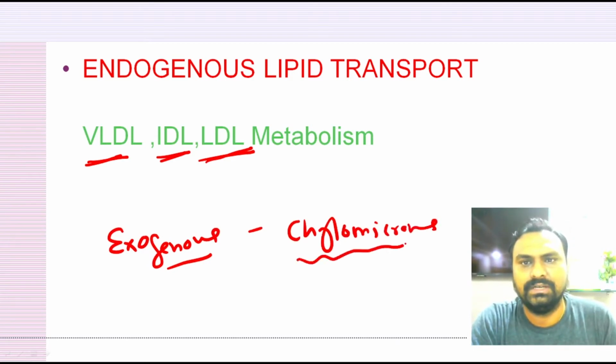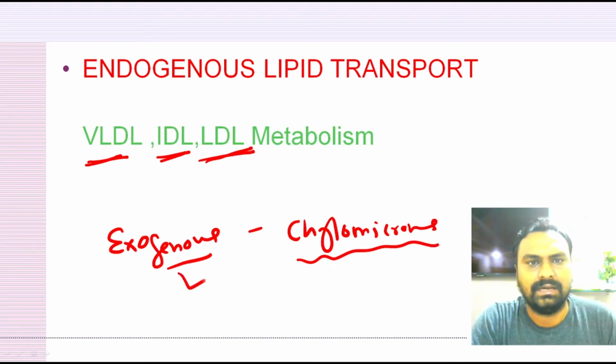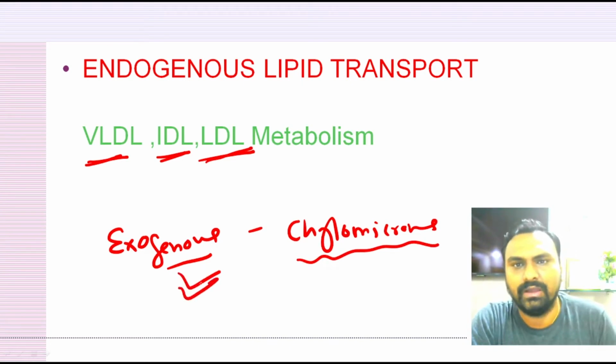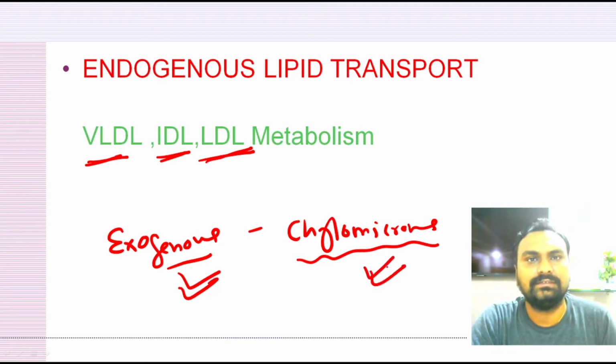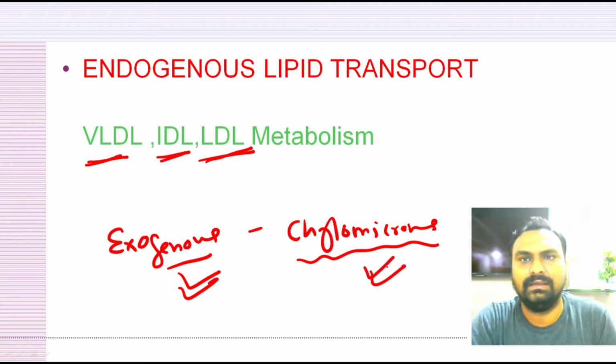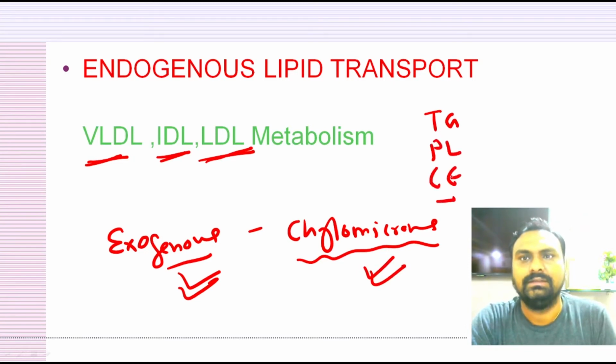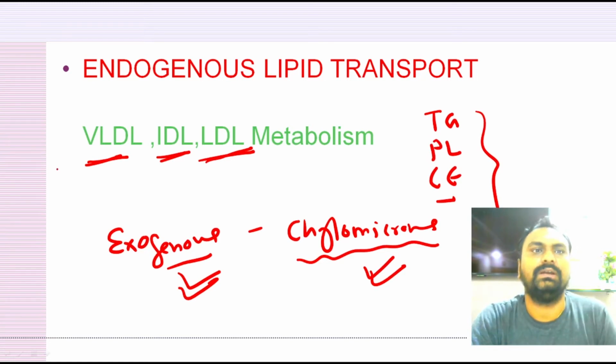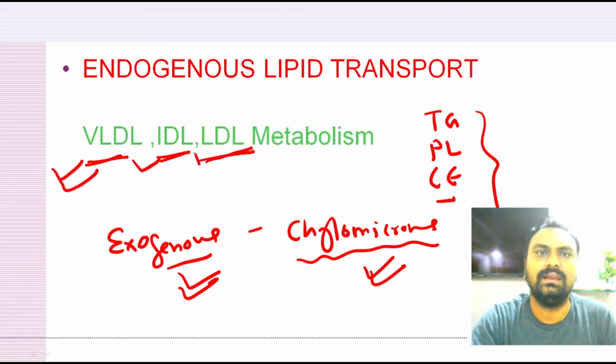So dietary lipids are transported from the intestine to the peripheral tissue via the chylomicrons, while endogenously synthesized lipids like triglycerides, phospholipid and cholesterol ester, produced in the liver, are transported to the peripheral tissue with the help of VLDL, IDL and LDL.